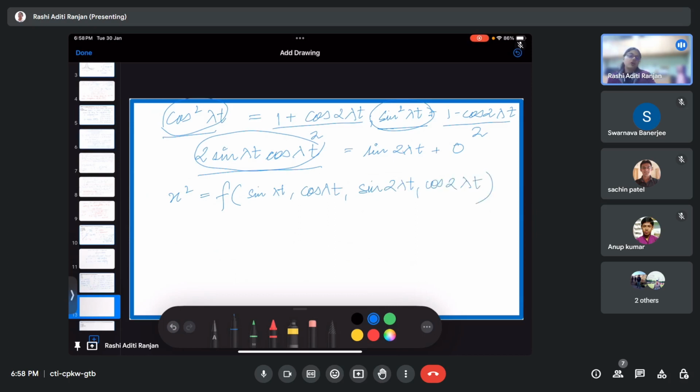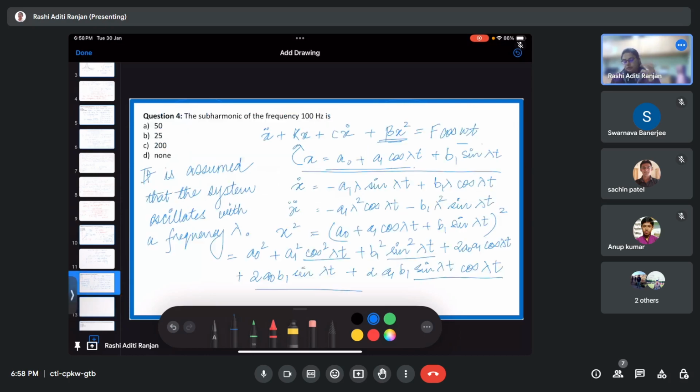Apart from that, all other things are going to be constant values, and they are going to be its coefficients, and a constant value which will get added up by a naught and a1 and b1. Right. I'll not get into all the mathematics, because that is not required as of now; you'll learn that in the further lectures.